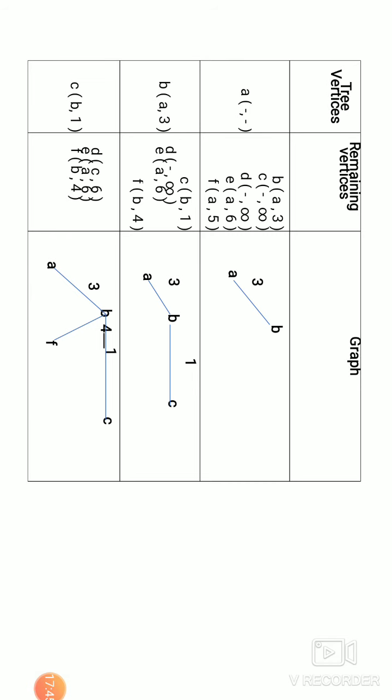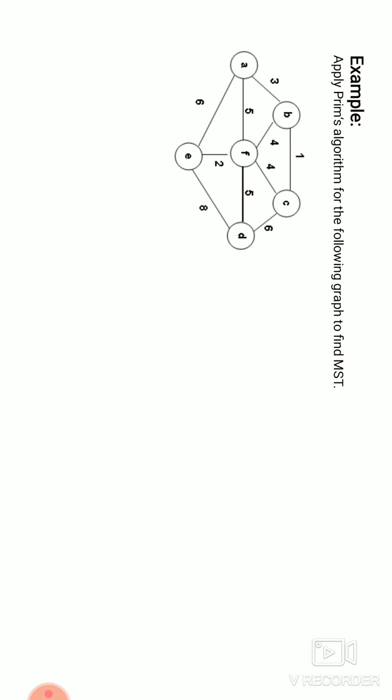So we begin our Prim's algorithm. As we said in the algorithm, we randomly pick any vertex as the initial vertex. A, B, C, D, E, F, we have 6 vertices in the graph. We may pick any one of them. If I go alphabetically, I take A as the initial vertex.